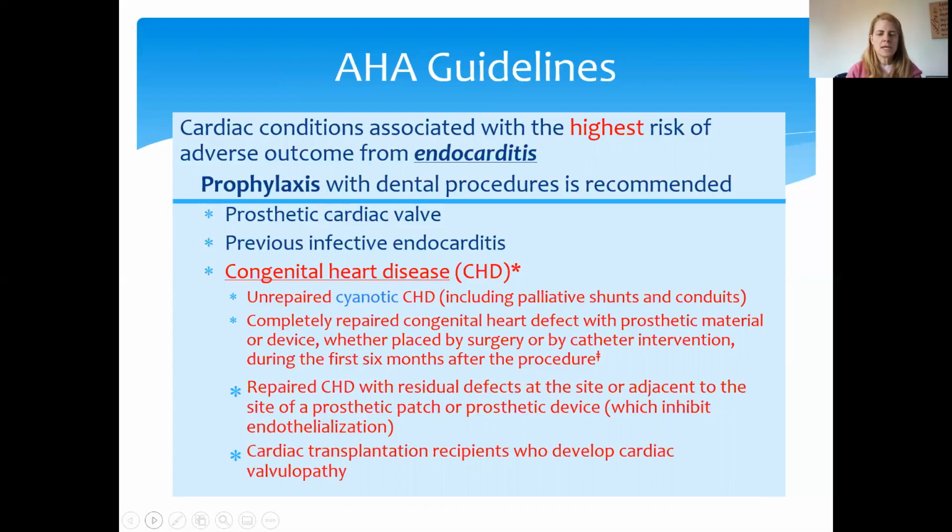A lot of these, even if they don't need premed long-term, need premed for the first 6 months while they're healing and while the heart is trying to integrate the repairs. Also repaired congenital heart disease with residual defects at the site or adjacent to the site of a prosthetic device, or cardiac transplant recipients.